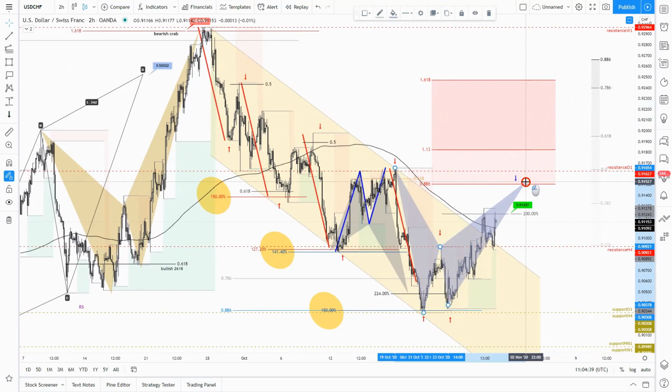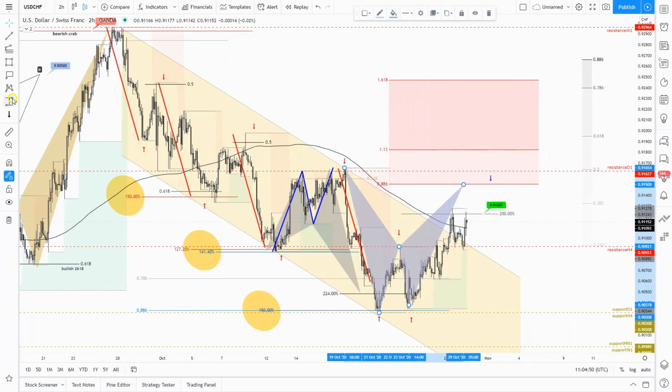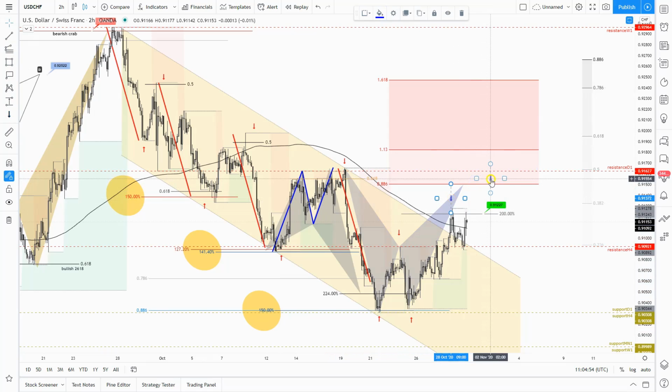But first of all, daily fractal resistance, bearish bat pattern, which requires a new high above the most recent one. If that happens, again we will face the same thing. We have one first low, one first high.